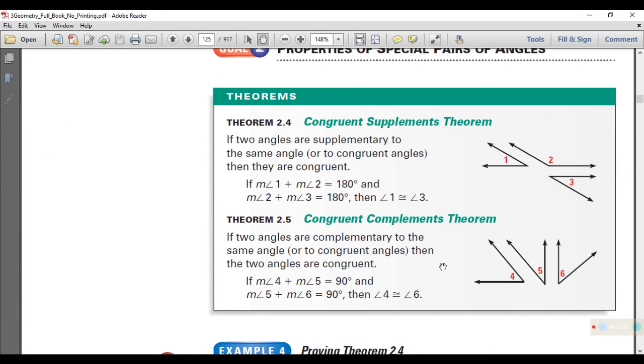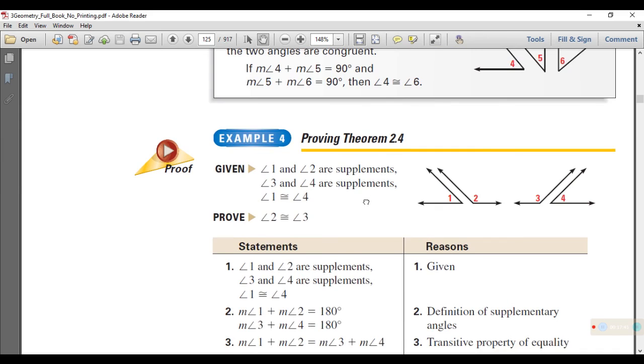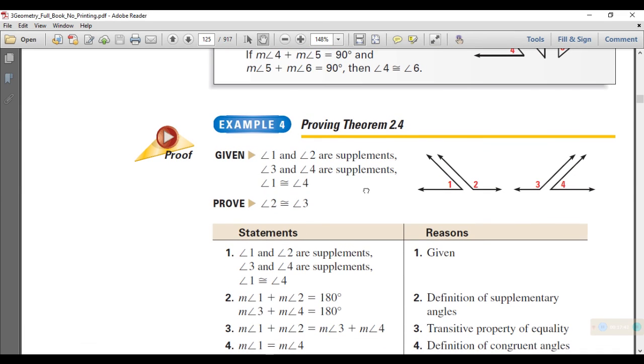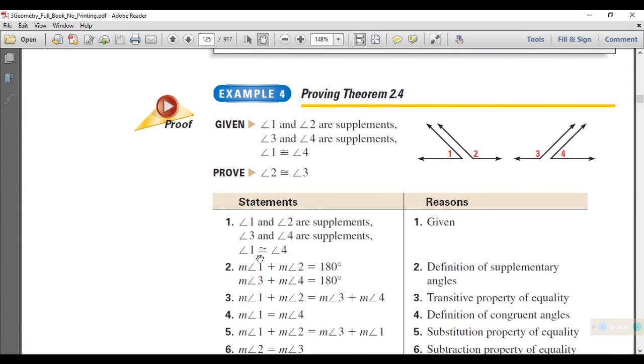So, yung mga susunod dito, ganun lang din yung mga gagamitin natin. Lagi nyo lang i-apply yung knowledge nyo about algebraic properties of equality. So, by transforming the symbol congruent into equal.